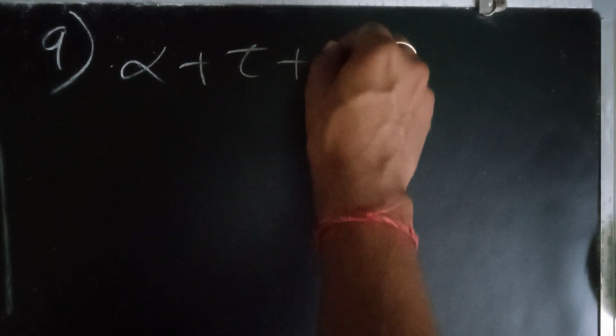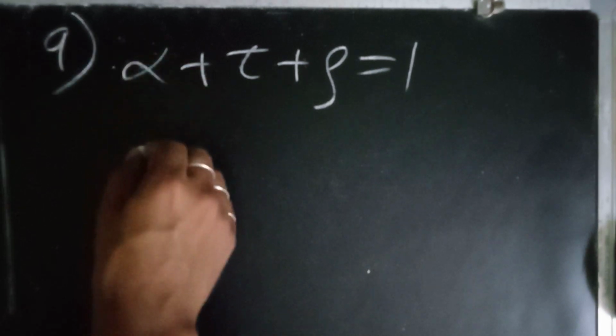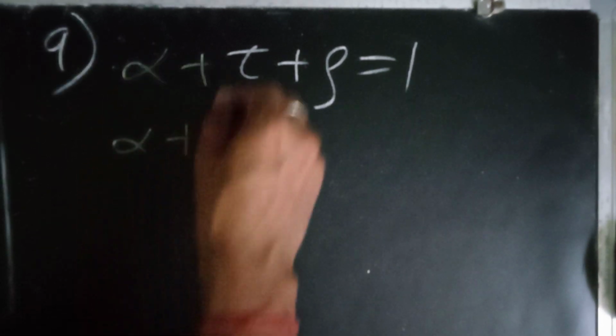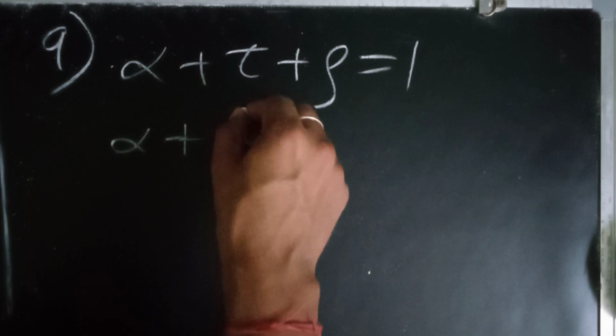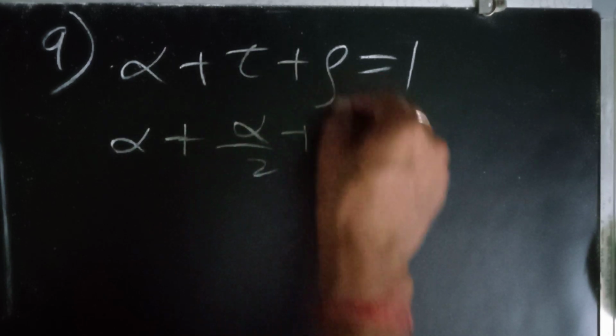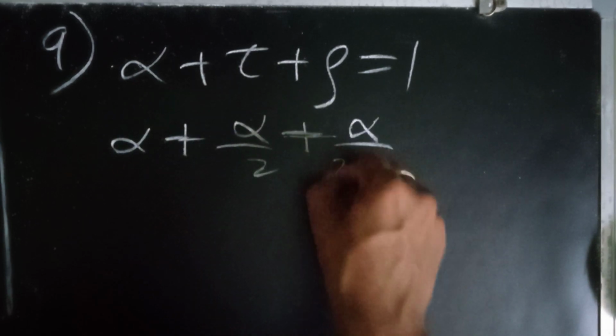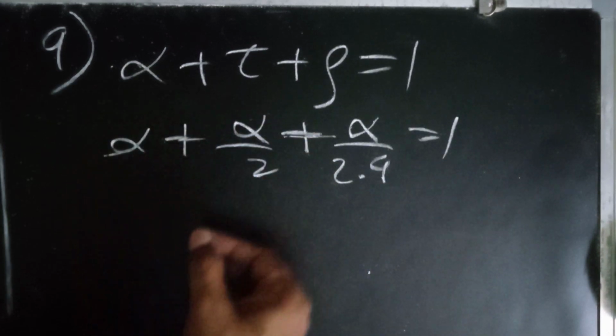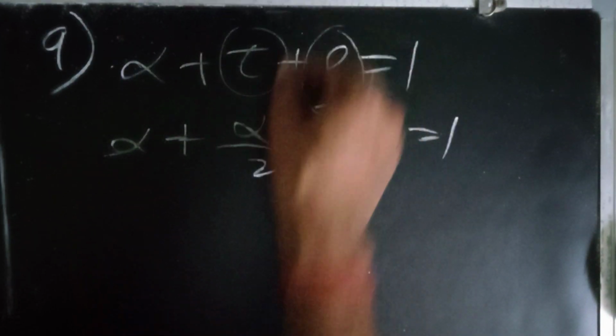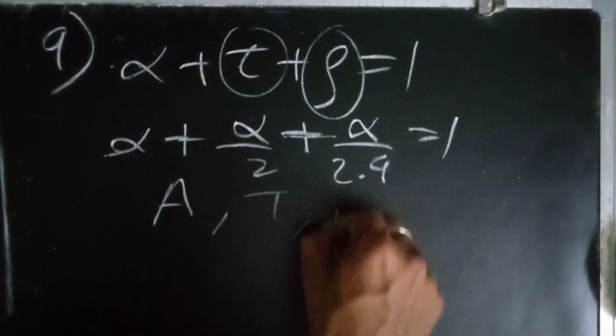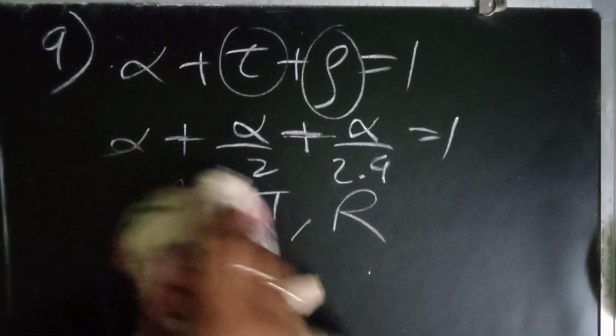The basic relation is alpha plus tau plus rho is equal to 1. Now tau is equal to alpha by 2, and rho is equal to alpha by 2.9. Solving, we get alpha, tau, rho, and then A, T and R. Simple, just calculation.